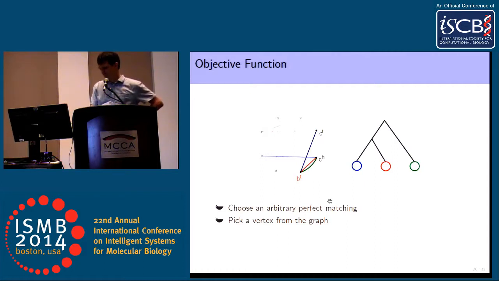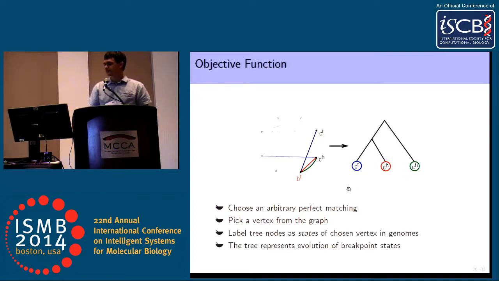So you see that BT is connected to CT in the blue genome, and it means that it has the corresponding state. And let's label the tree nodes with these states. So we put CT in the blue genome and so on. And now this tree represents the evolution of the state of this node in different genomes.